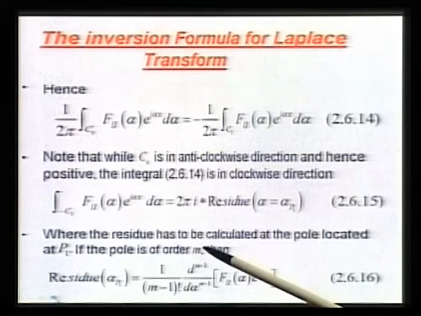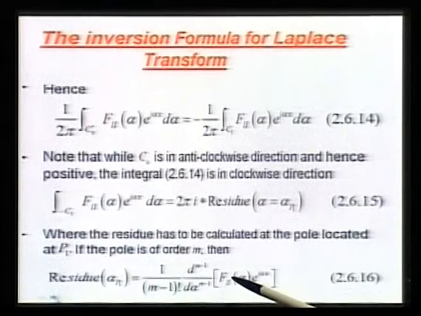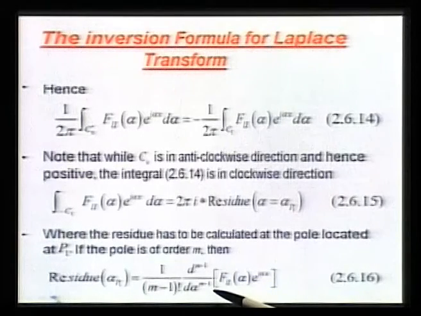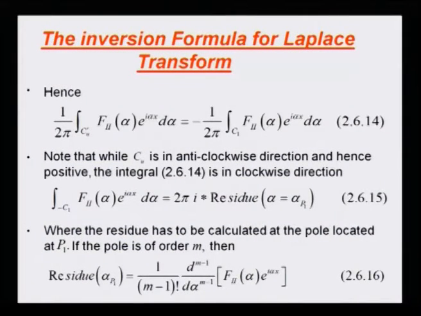So, if I have say mth order pole, what I do? I take the function, I differentiate it m minus 1 times, and of course, divide by m minus 1 factorial, and then substitute alpha equal to alpha p1. That is the way to calculate the residue. So, once I do that, I am done.